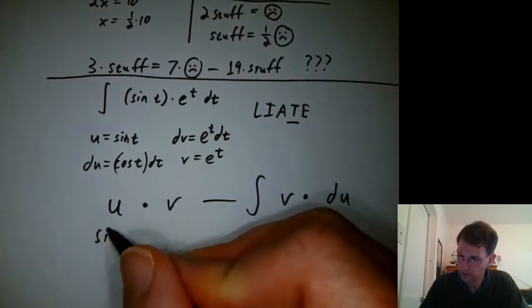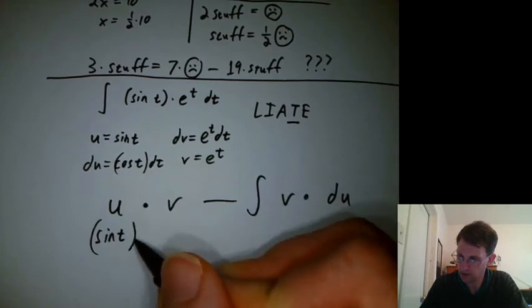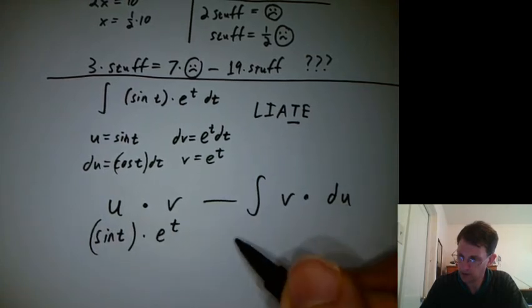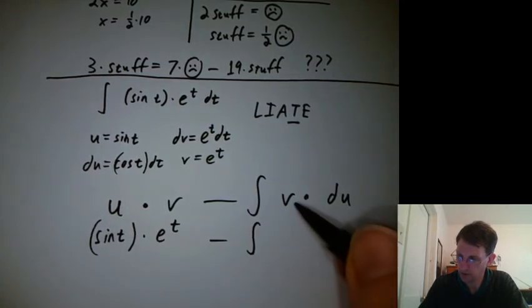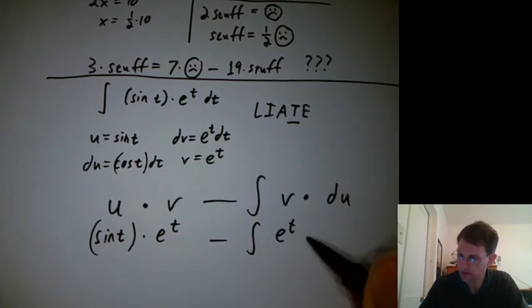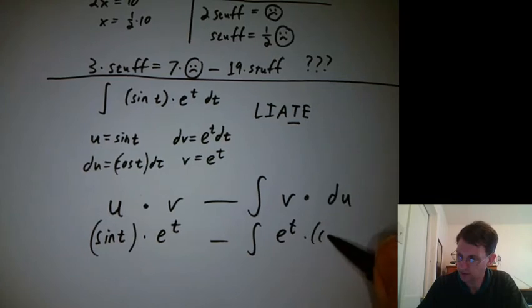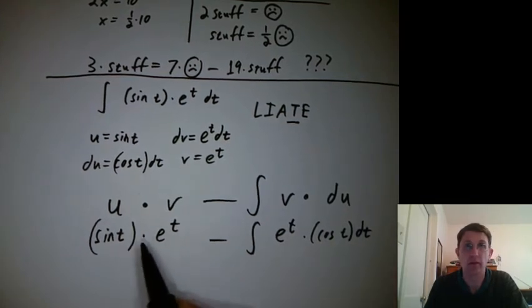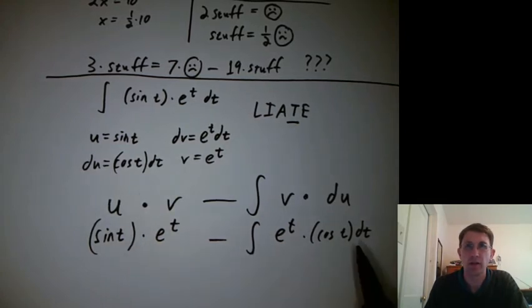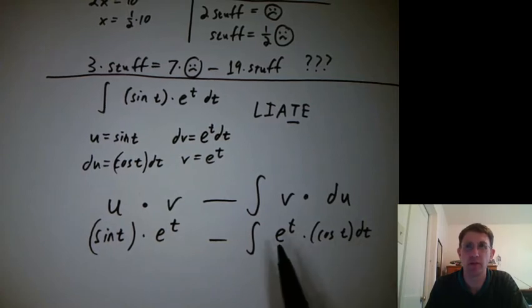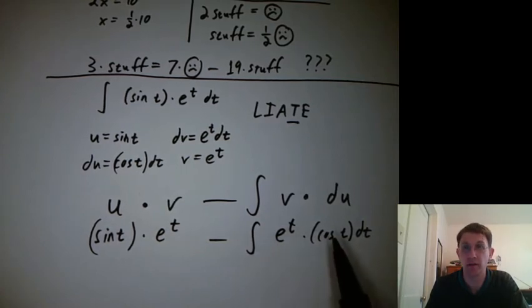So we'll have sine t times e to the t minus the integral of v is e to the t, du is cosine t dt. Okay, well that part's fairly simple. You might have kind of guessed that we'd get that. And what do we do with this? That looks a lot like we'll need integration by parts, right? It's the integral of a product of things.